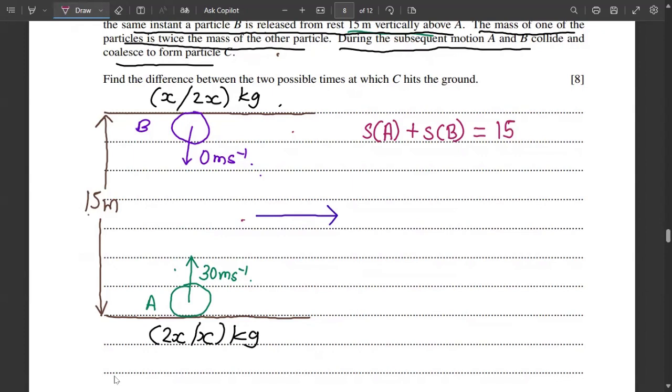If A travels this much, then B will travel this much, and both will equal 15, because both are at the same height. Somewhere they have to meet. Now, what is the displacement of A? We can use S equals ut plus half at square.